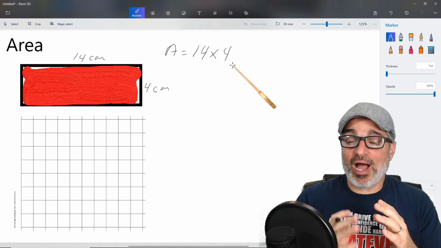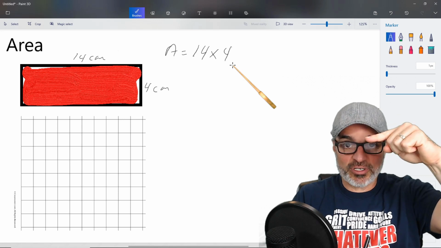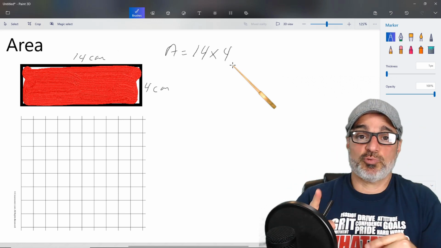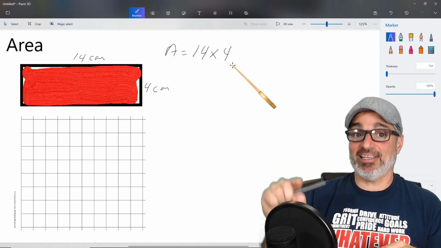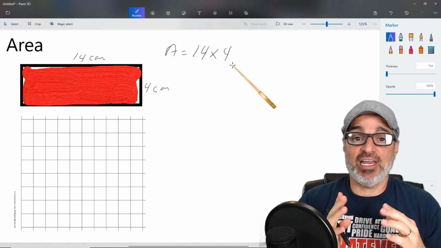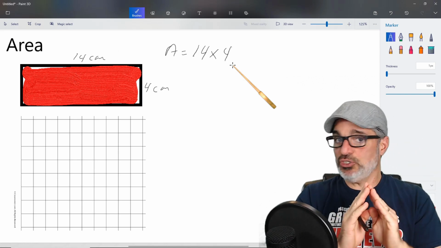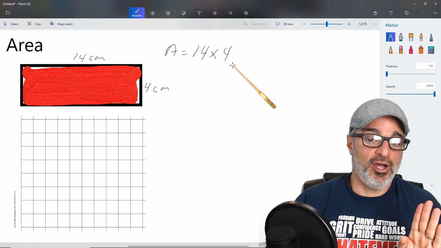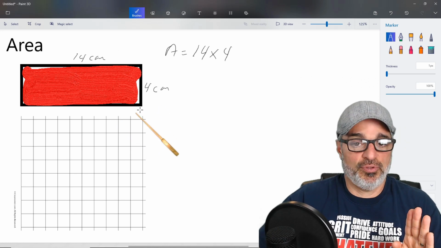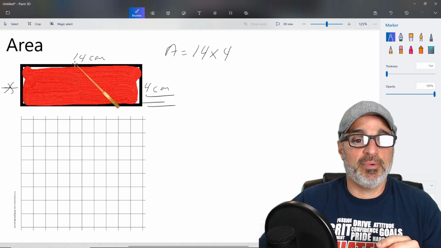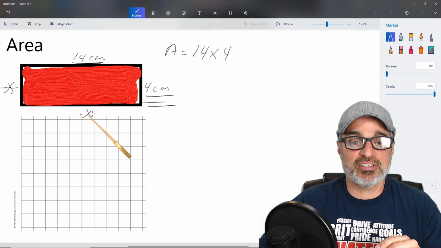Notice that I'm not saying that area is 14 times 4 times 14 times 4. That's what you did in perimeter. You added all the sides. In area, you just have to multiply 2. You do not need the 4 sides. Obviously, because this is 4, you know that this one is 4. And because this is 14, you know that this is 14.